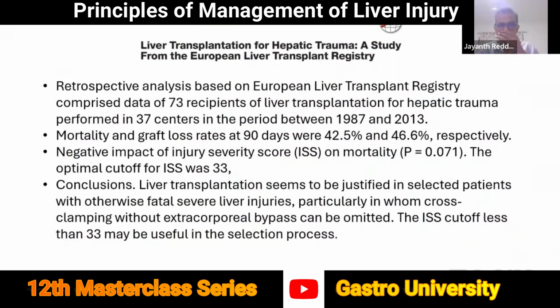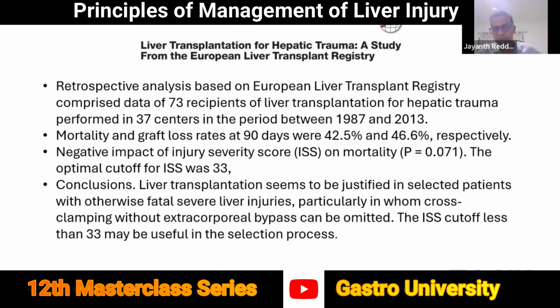Being a transplant surgeon, I'm not happy to cover this, but as a treatment modality, liver transplant in patients with severe liver injuries. There is European liver transplant registry data where they've done a liver transplant for about 73 of these patients over a large time period.